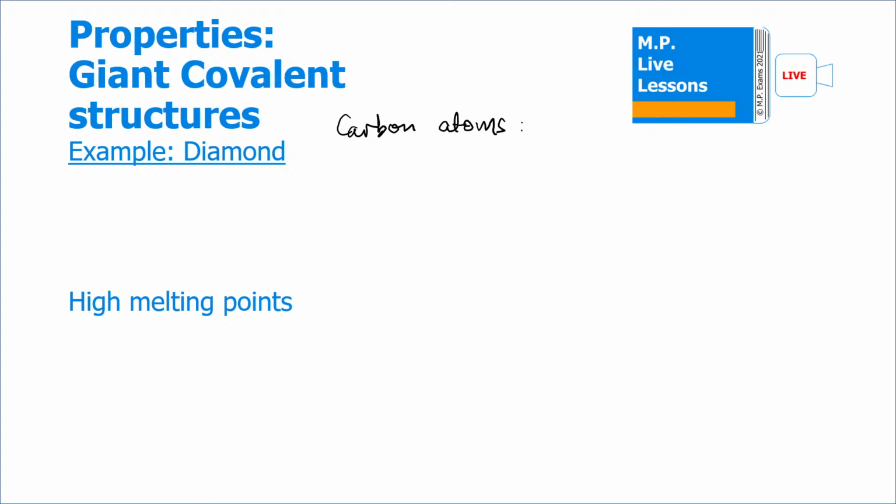And the thing with diamond is that each carbon atom is covalently bonded to four others. So if I draw a diagram, like this. This will almost repeat itself.